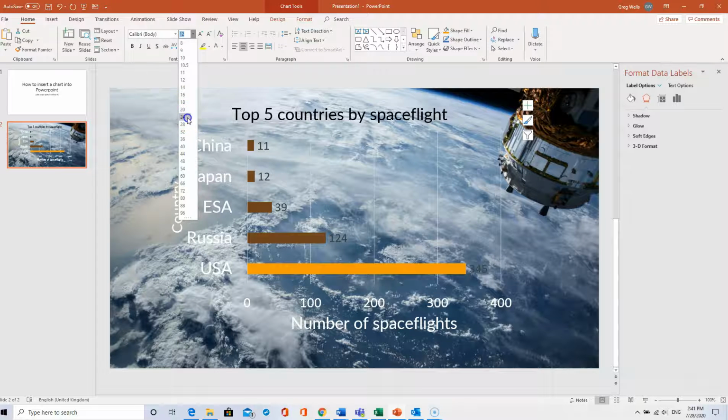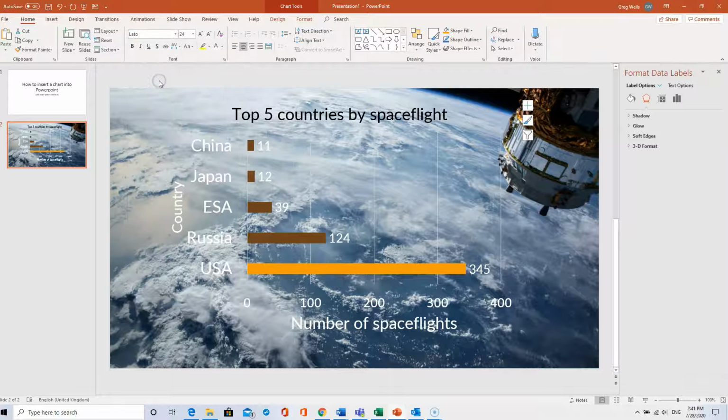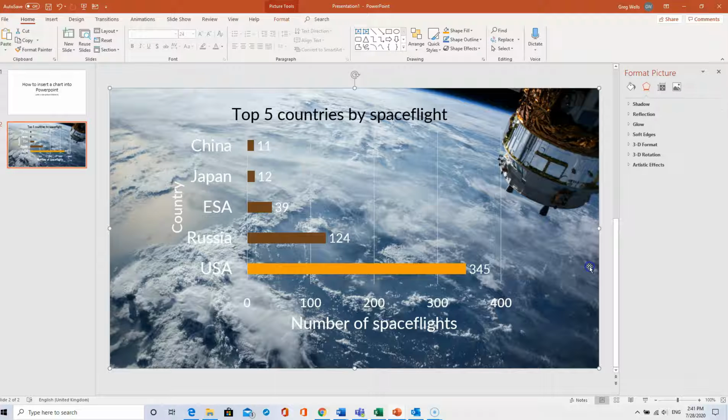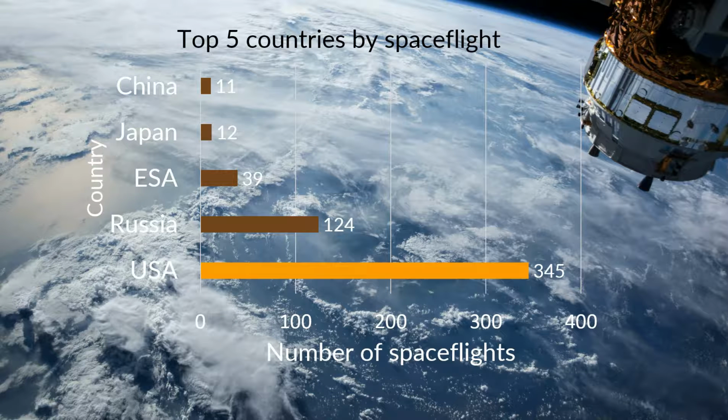And then I can go back and change the data labels at the end of the bar chart. Because one of the problems with a chart like this, you can see the difference, but it's very hard to see how many space flights China or Japan have had without showing the number here. I'm going to show slide, and we have our chart.